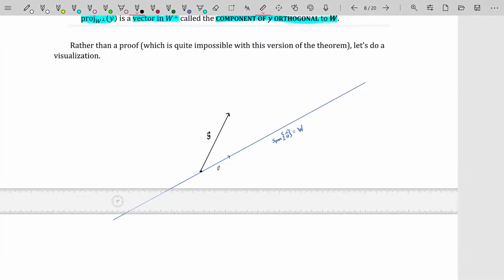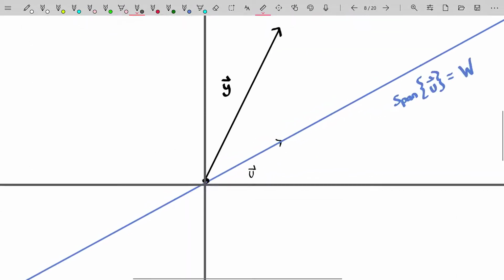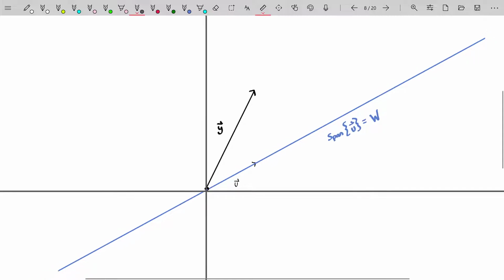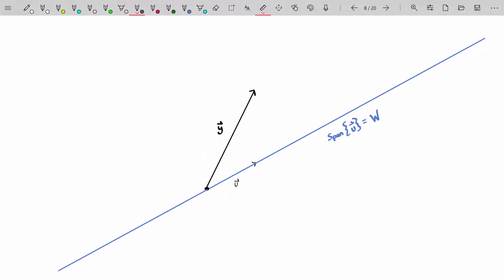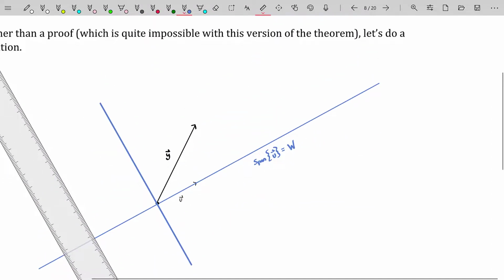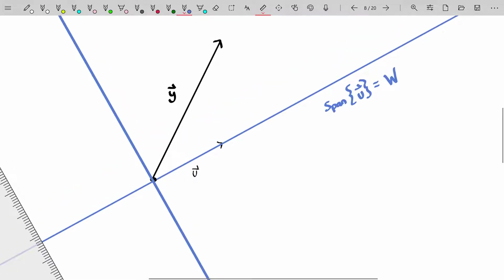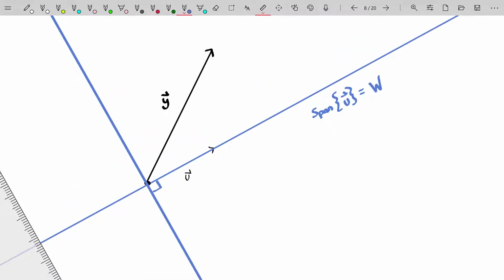So again, instead of referencing everything from the standard XY coordinate system or Cartesian coordinate system and saying, oh, go to the right so many units and go up so many units to get to the tip of Y, we instead are going to change our perspective and look at the world in terms of this tilted view. This is a right angle right there.